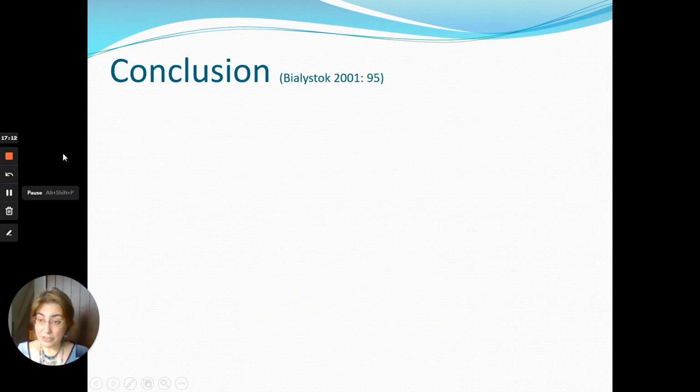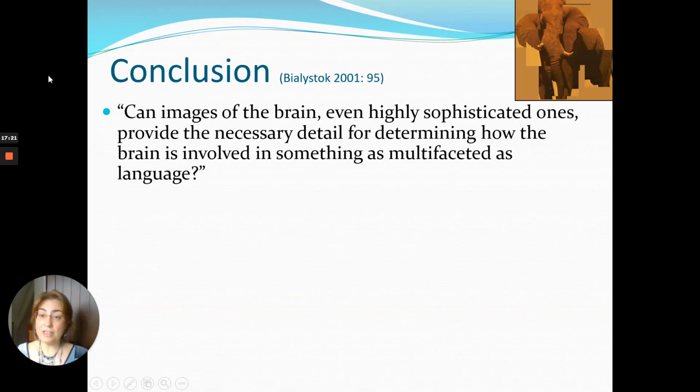So what do I say as a conclusion? I'm going to take the same perspective as Bialystok took, which is the question of, can images of the brain, even highly sophisticated ones, provide the necessary detail for determining how the brain is involved in something as multifaceted as language?